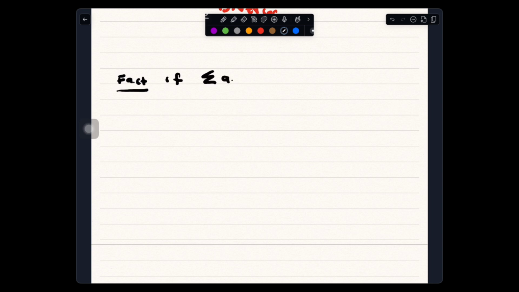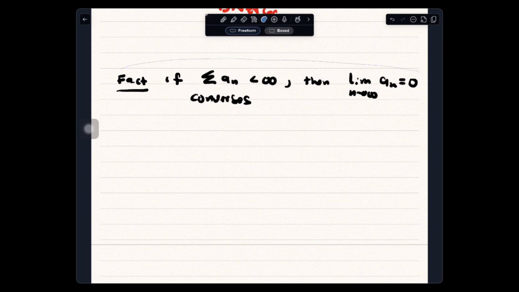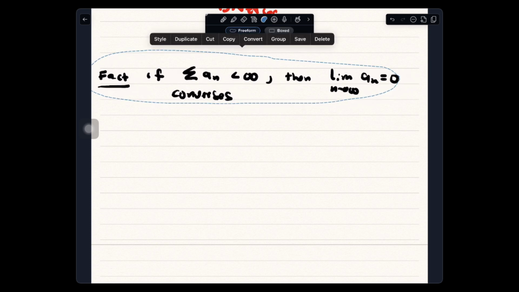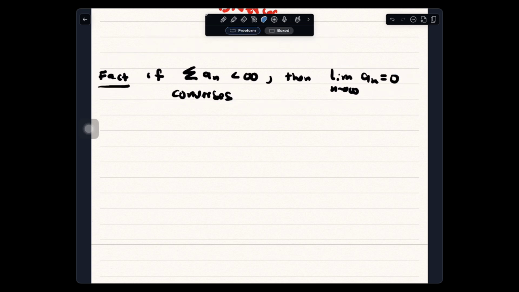If a series converges, then the limit of an equals 0. I'm going to start off with this fact. And let's look at the proof of this.